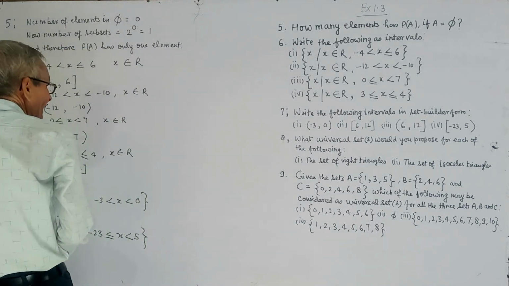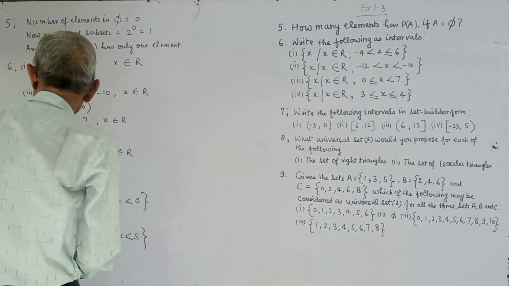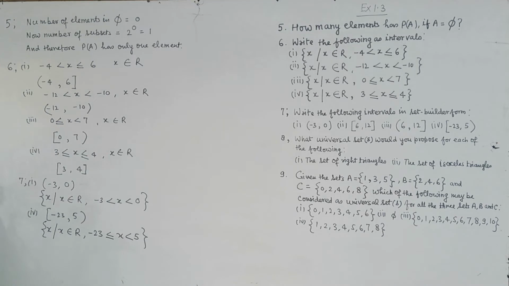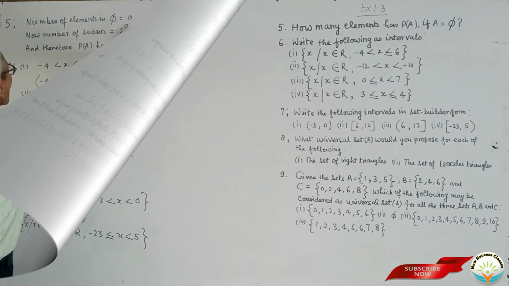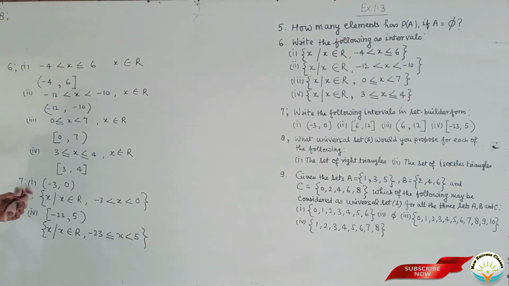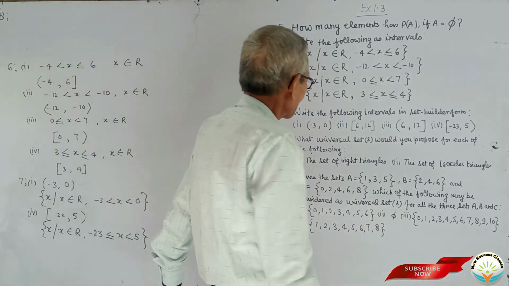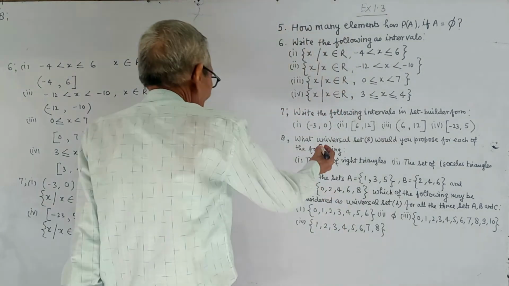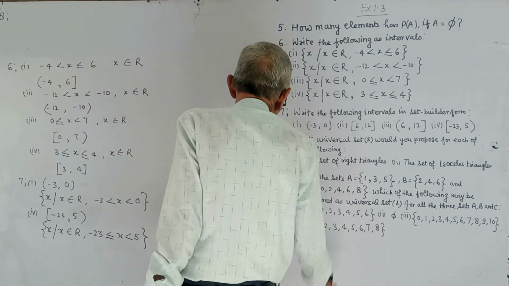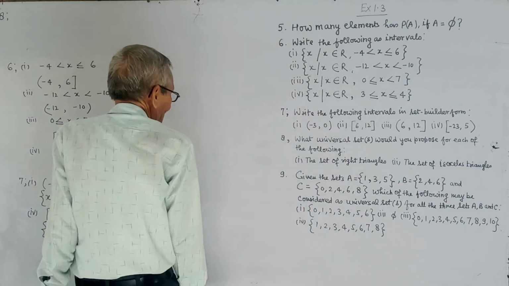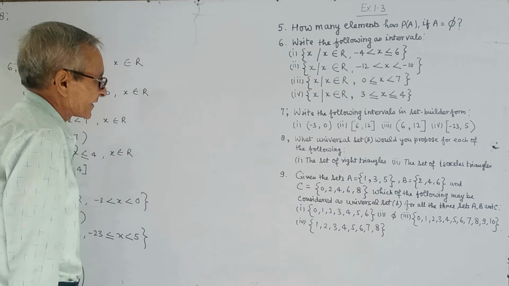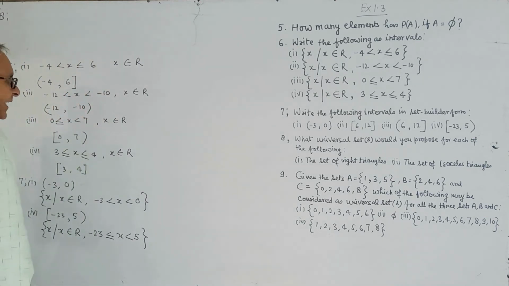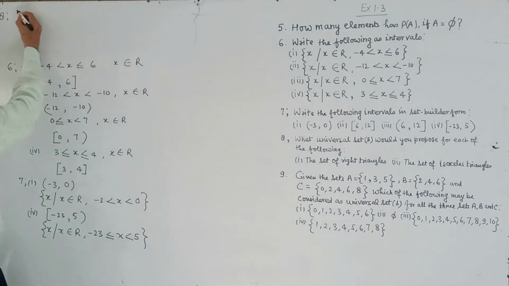Now come to question number 8. What universal set would you propose for each of the following? The set of right triangles. Then the universal set will be the set of all triangles.